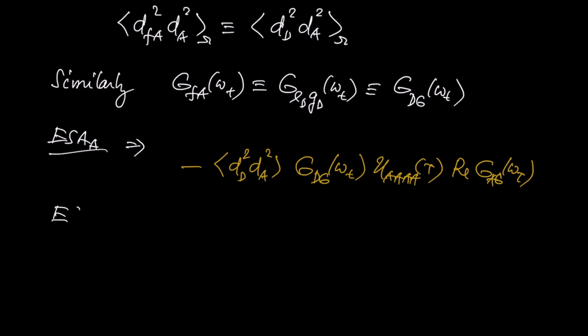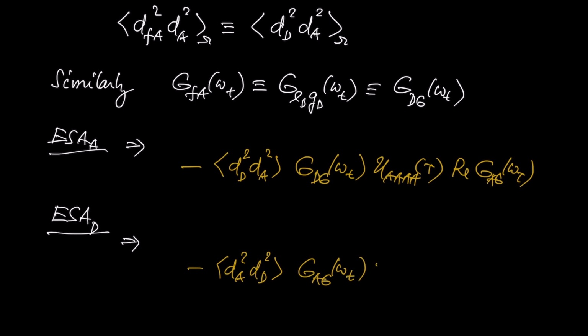We can also postulate the excited state absorption D, which starts on the D molecule, and we can also write its contribution. It's minus dA square dd square gAg omega t u dd dd t, and real part g dg omega tau.